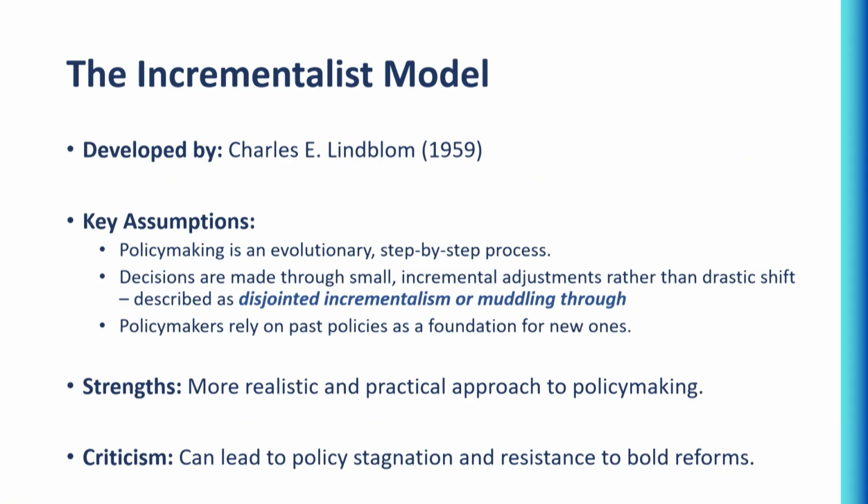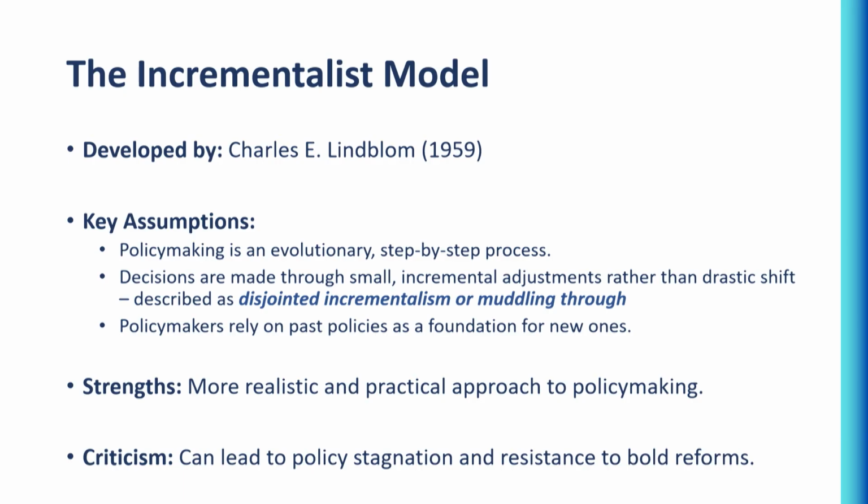Then there is an incrementalist model that says that policy is an evolutionary step-by-step process. Decisions are made through small incremental adjustments rather than drastic shifts. So some kind of an alteration, some smaller changes. The previous policy which is already existing will be the foundation.